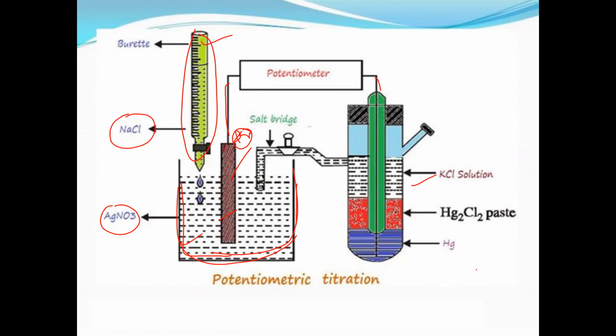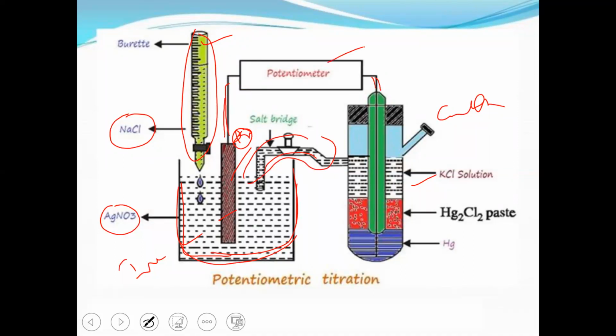We are using the solution which is present in the beaker. Then we can use the suitable electrode. That electrode will act as an indicator electrode connected to the calomel electrode, that means a reference electrode, through the salt bridge. Both the electrodes are connected to the potentiometer. All the setup is the same.